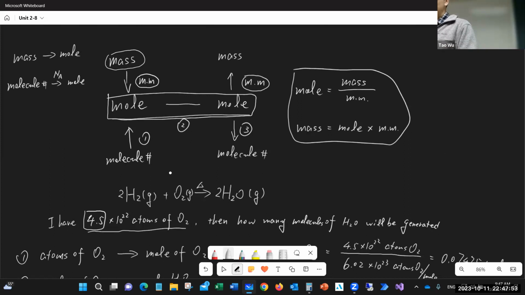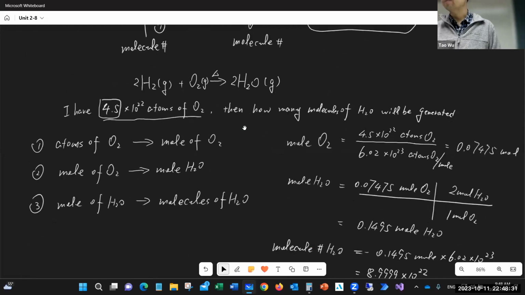It's just giving you the molecule numbers, convert to moles of water, and then if the question is asking for how many grams of water, you just convert the moles of water to the mass of the water. That's it, right? So that is just stoichiometry, and there are a lot of different variations. The reason for the variations is that there are different things that can convert to moles, and the moles can also convert to something else. That makes sense, right?